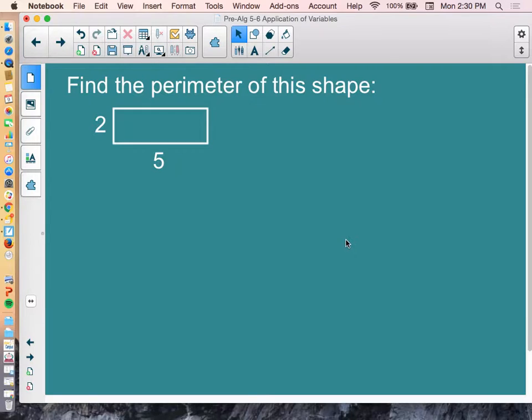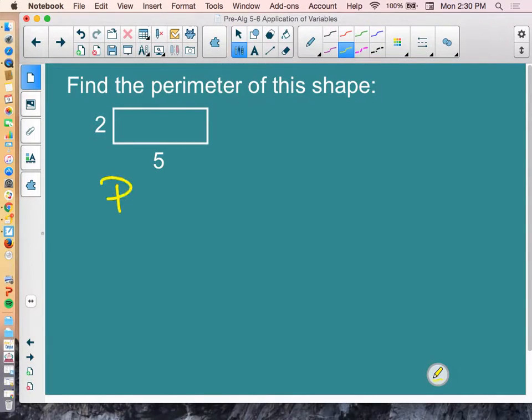So, an application of when you might use variables. Let's say that you have a rectangle. If, to begin with, it starts off with a length of 5 and a width of 2, you could find its perimeter. Perimeter equals, and if you remember, it's the distance around the whole thing.